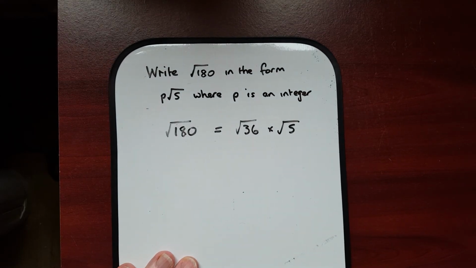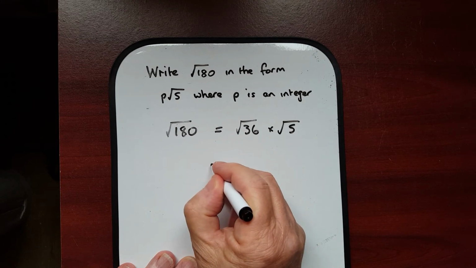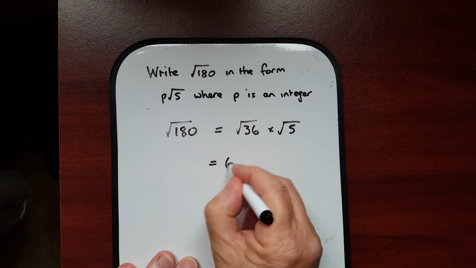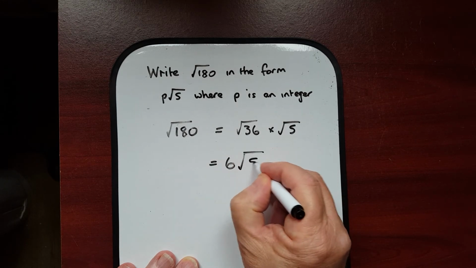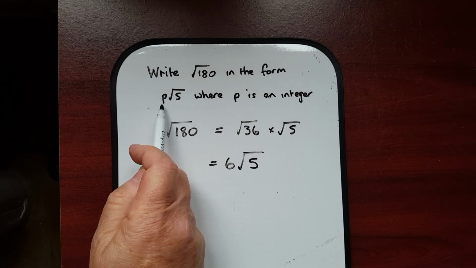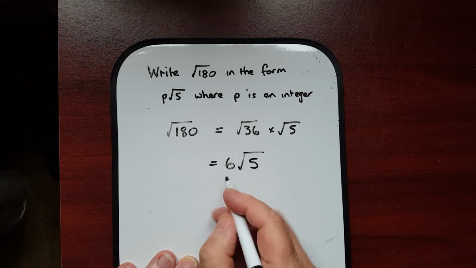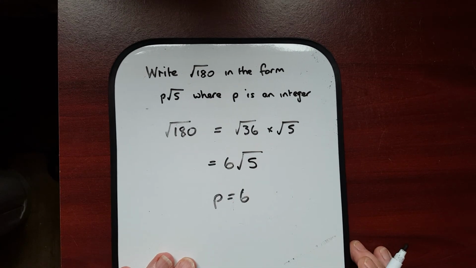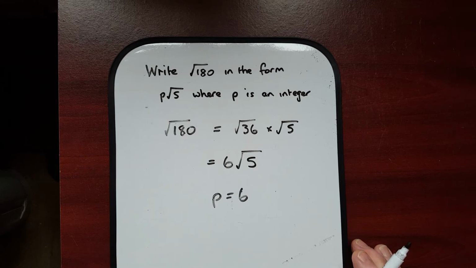We know what the square root of 36 is. The square root of 36 is 6, times the square root of 5. Hey, look, we've now got that form: p outside the box, p times the square root of 5. 6 times the square root of 5. p is 6.